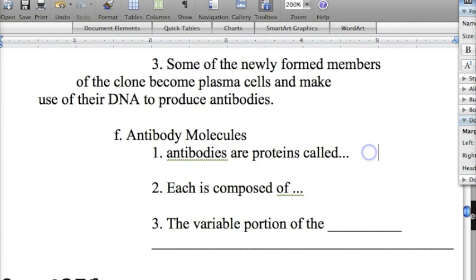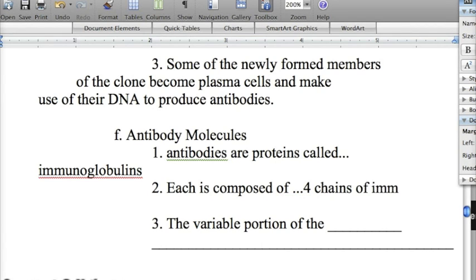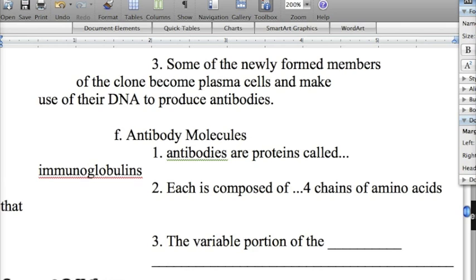So antibodies are proteins called immunoglobulins. And each is composed of 4 chains of amino acids that are linked by disulfide bonds.